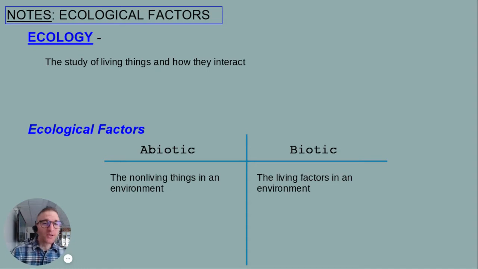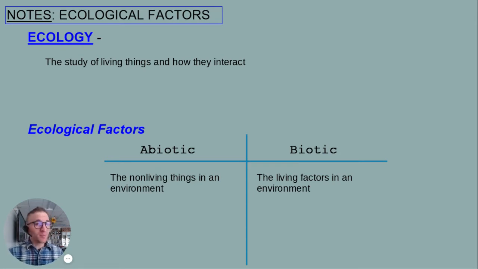So also include things like the dirt, rocks, temperature, climate, weather, you know, all of those things come into play when we're talking about the abiotic factors that influence how organisms live.